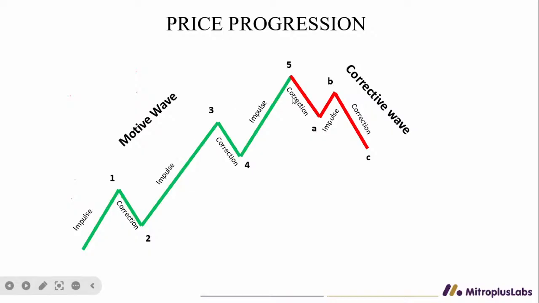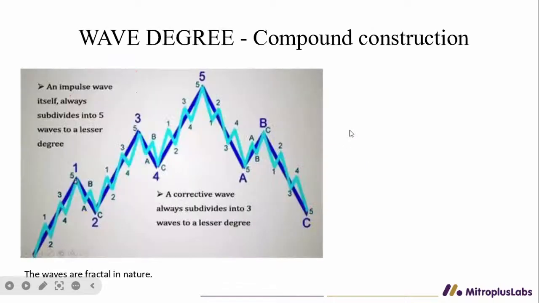Now let me give you just an example to explain the theory. I use this image as an example. What we call, maybe say, the first degree. The theory says that every time you're having an impulse wave, which is a wave in the direction of the trend, when you look at it in a smaller degree, that impulsive wave is going to be divided into 5.